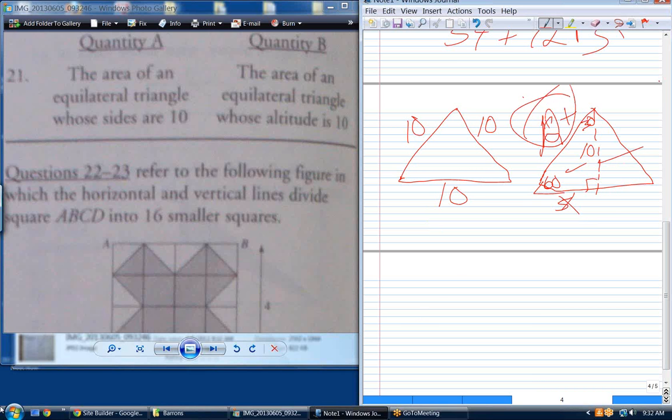They're both equilateral triangles, but what we really have is one that's this and one that's this. And this has sides of 10, this has an altitude of 10.